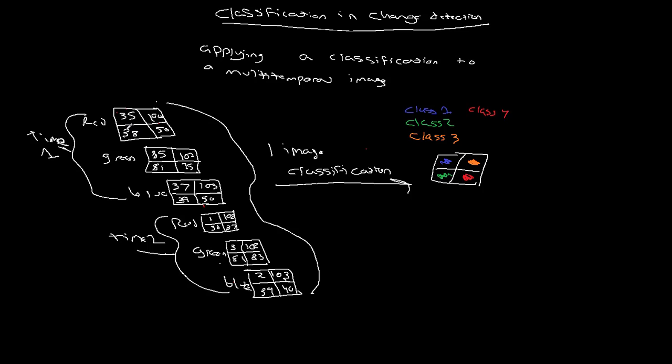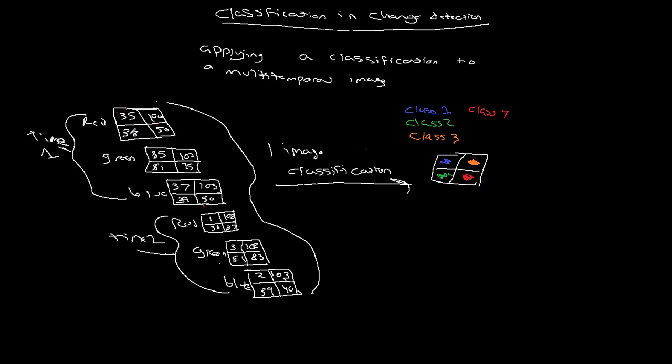So hopefully this makes sense. I know it's a lot. Take your time with it. Go back, rewatch this video, rewatch the previous video. Make sure that you understand conceptually what's happening when we have time 1 and time 2 in the same image and we run the classification on it. Why we got these 4 classes.